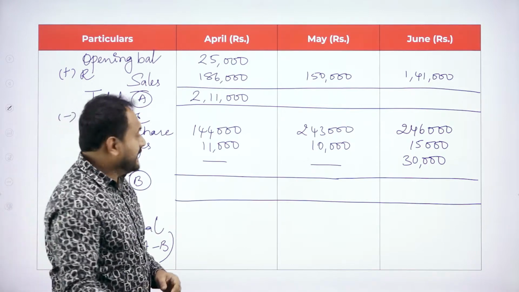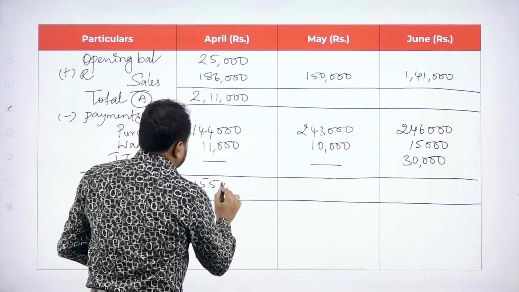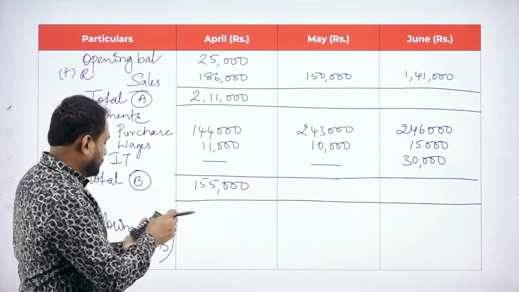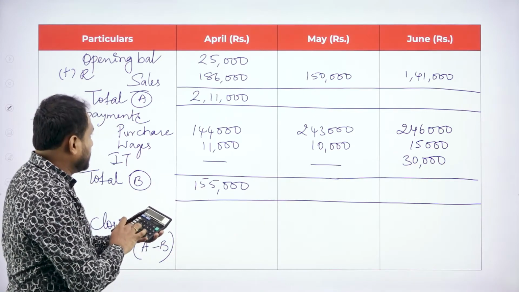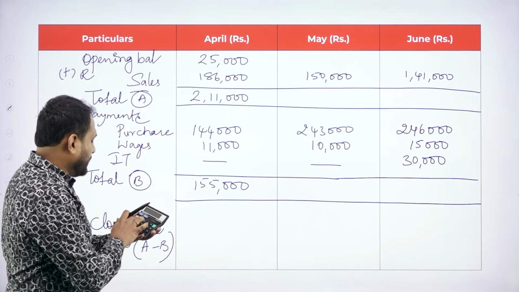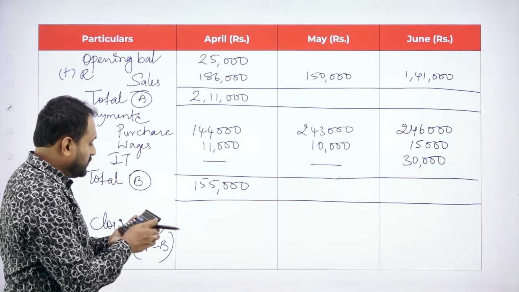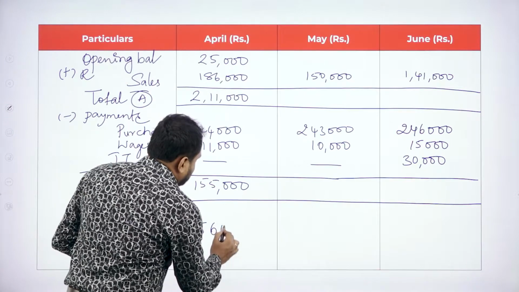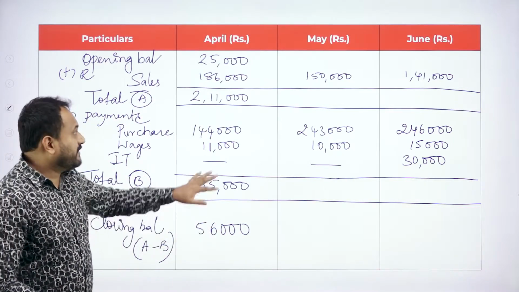Now when we calculate this, we have 155,000 is what we have. Now let's go with closing balance: 211,000 minus 155,000. So we have here 56,000. So that means 56,000 is our closing balance of April.